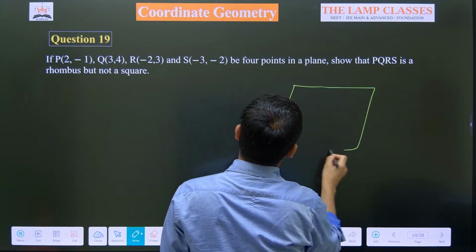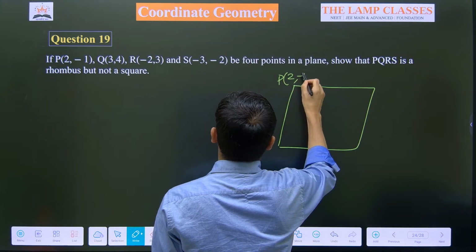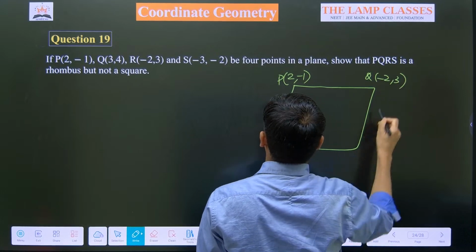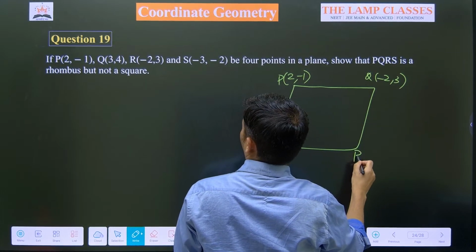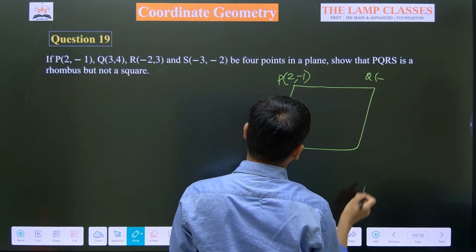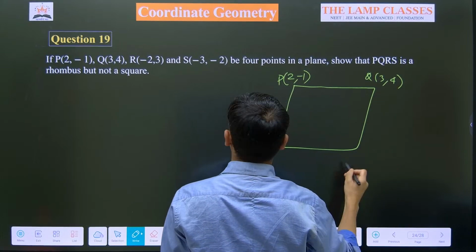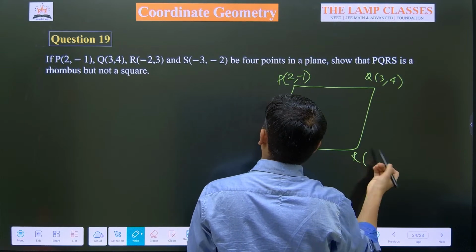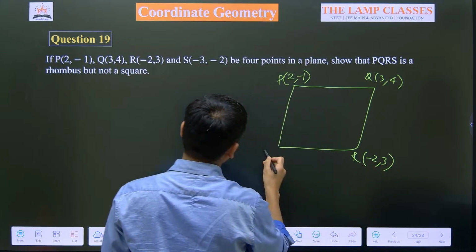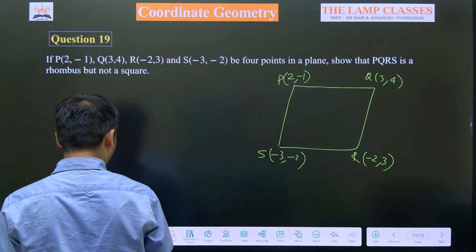You can assume that it's a normal quadrilateral, P (2, -1), Q (-2, 3), R (-2, 3)... Let's calculate these distances.